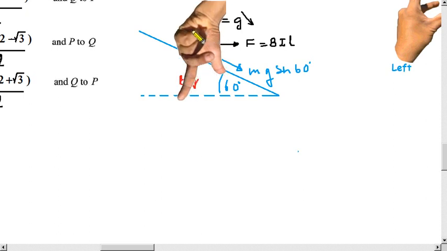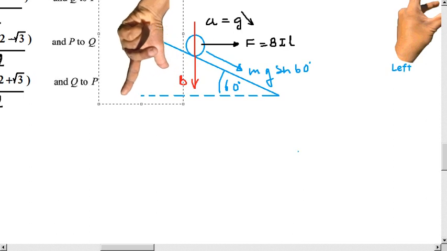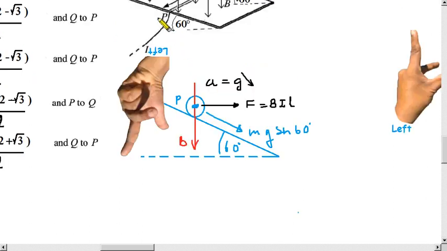The center finger shows the direction of current, so it should be out of the paper. So this finger is directed towards us, that means out of the paper. So here is a point of the arrow. So point P, from P the current should flow out like this.